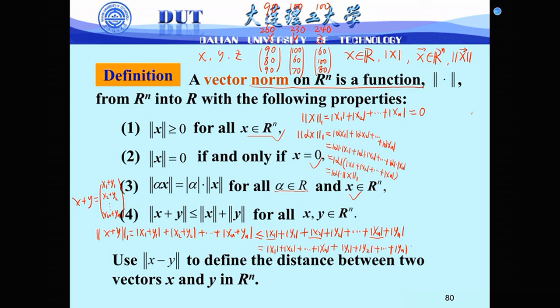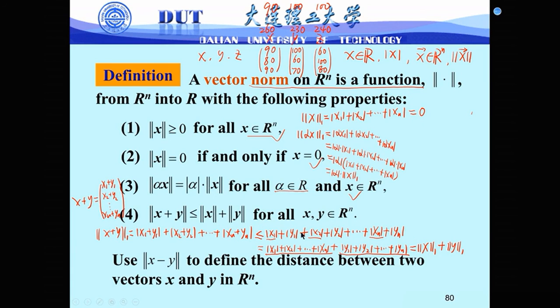It's okay? Now the first part is just the L1 norm of x, right? The second part is the L1 norm of y. So now you see the L1 norm of x plus y is less than or equal to the L1 norm of x plus the L1 norm of y.